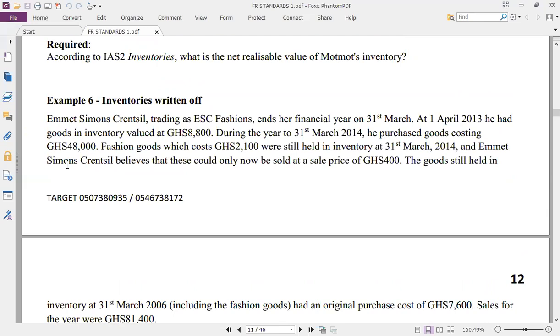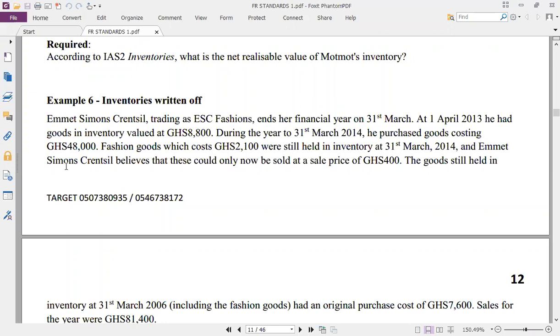Gross profit is the sales less the cost of sales. That's not the central focus now. Now we are doing inventory, how to value inventory. So I'll do the inventory section. The company's financial statements end at 31st March each year.